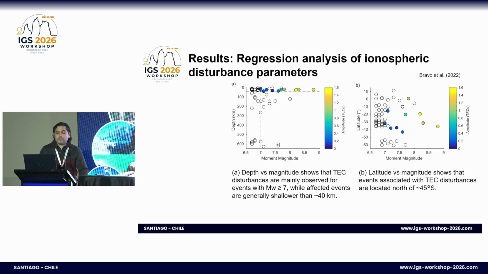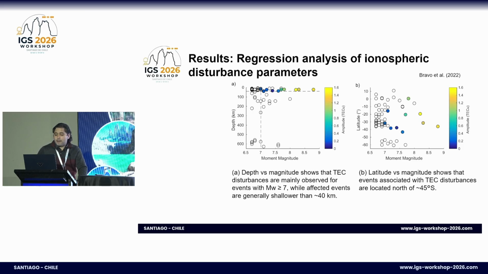When we do a regression analysis of the ionospheric disturbance parameters, we can see that there are some thresholds. For example, on the left, depth versus magnitude show that TEC disturbances are mainly observed for events with magnitude greater than 7, while affected events are generally shallower than 40 kilometers.